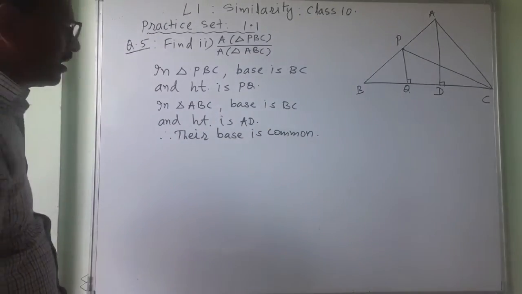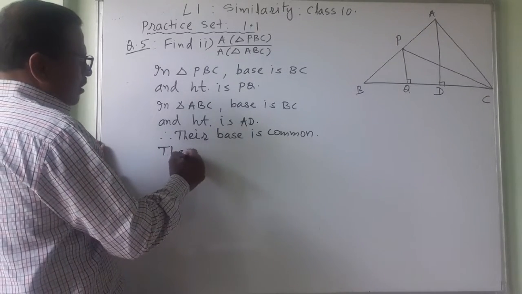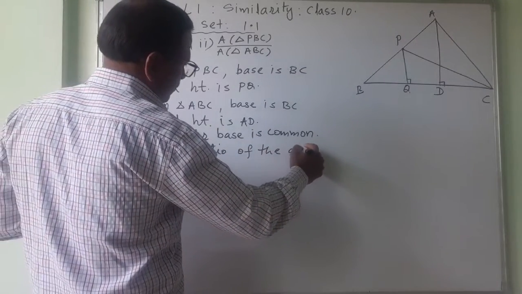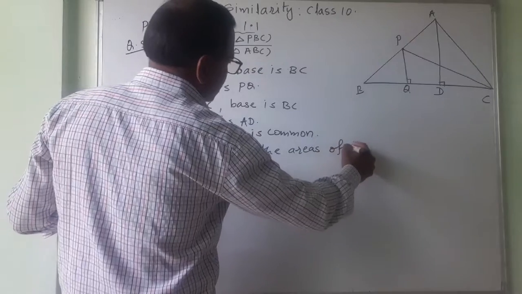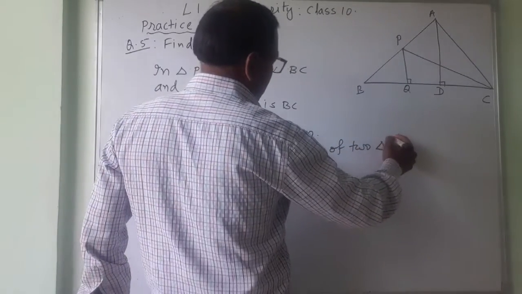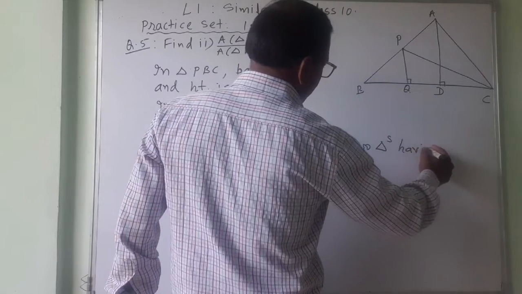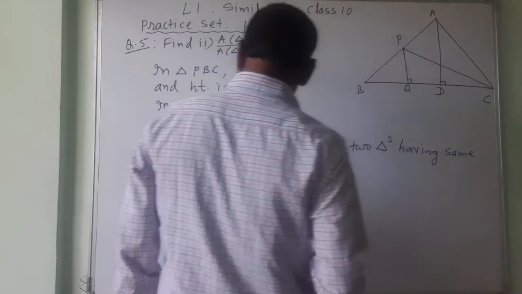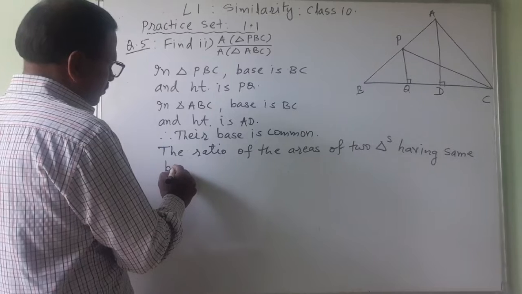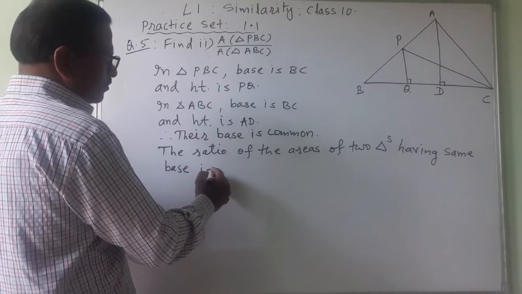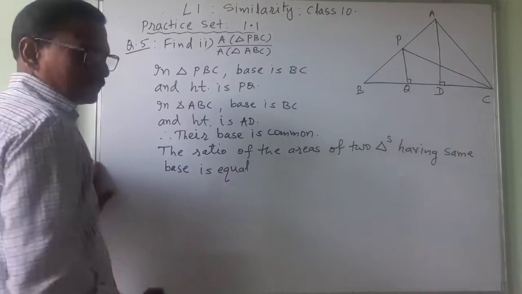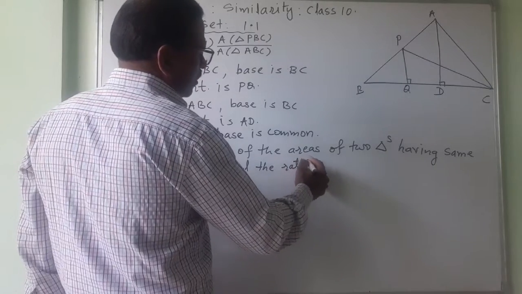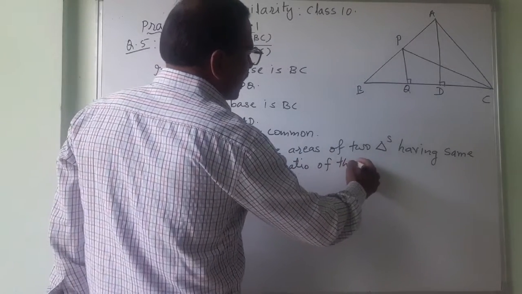Immediately we have to write the statement. The ratio of the areas of two triangles having the same base, or equal base, or common base, is equal to the ratio of their corresponding heights.